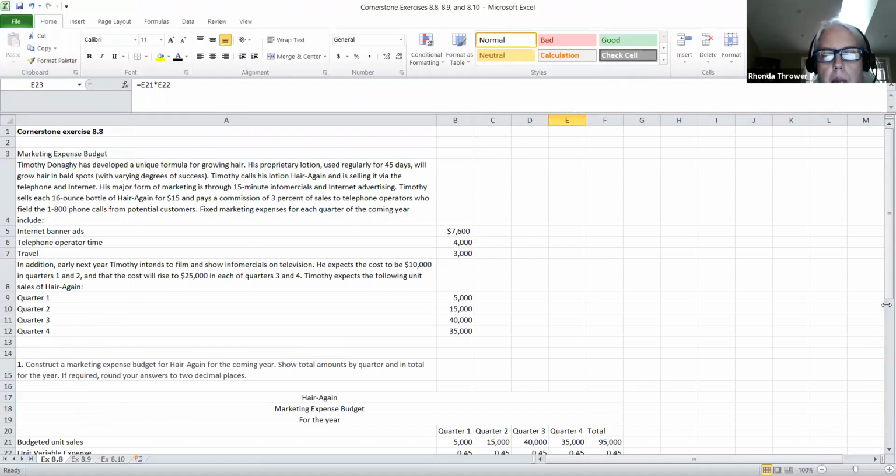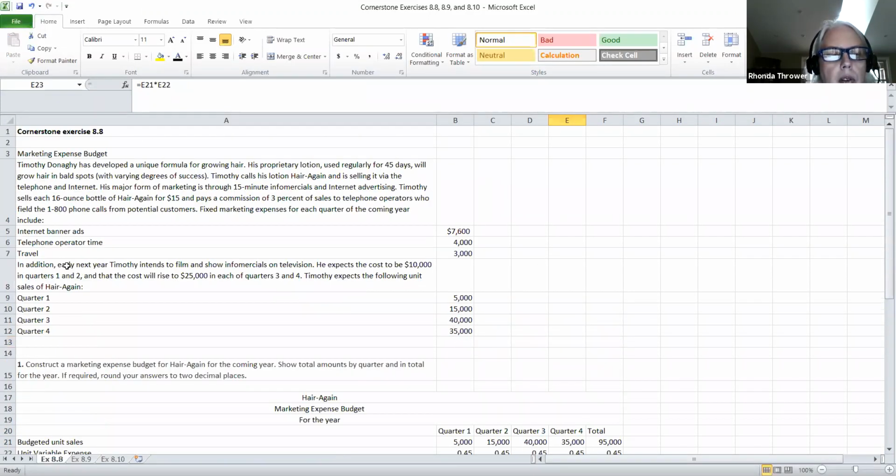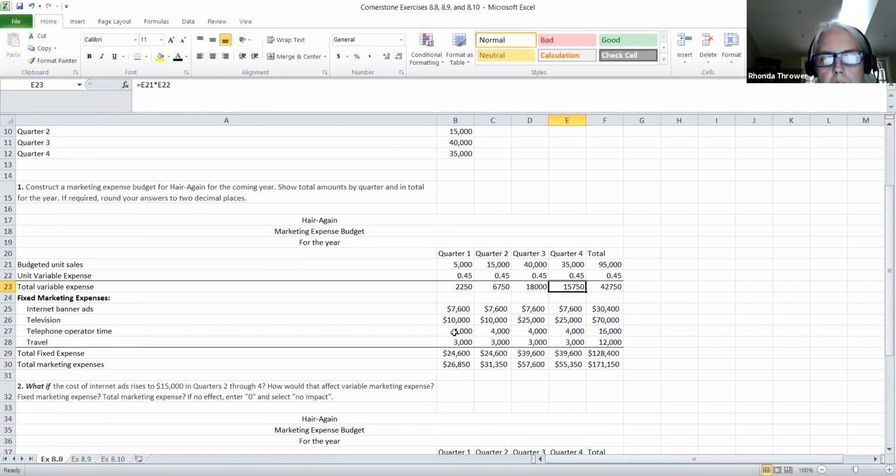You could have just copied and pasted these in if you wanted to, but you have to add in a line for this separate fixed cost that they talked to you about right here, where he expects the cost of the filming of the infomercials to be 10,000 in quarters 1 and 2, and the cost is going to rise to 25,000. As long as you've got that somewhere in here, you can put it anywhere you want to.